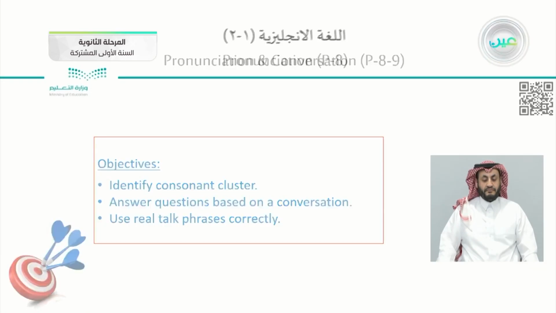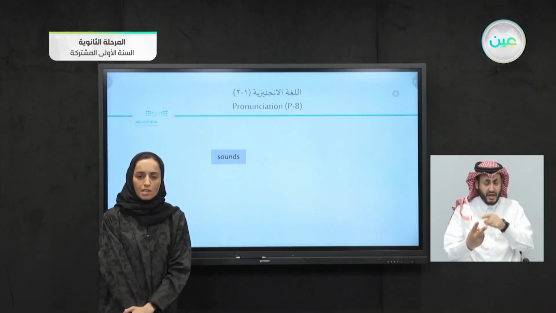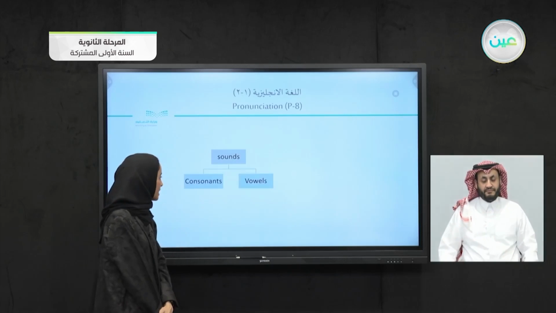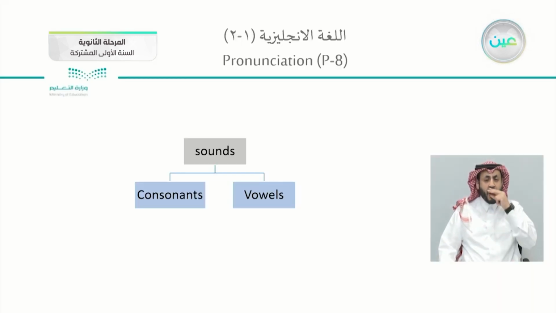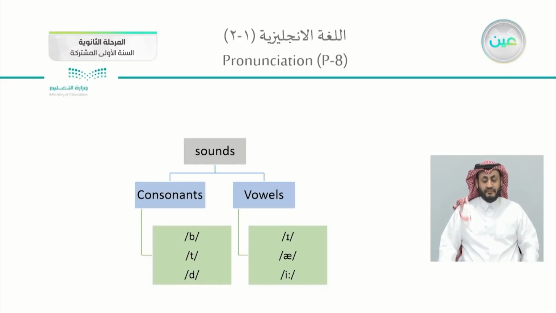Let's get started together. Sounds in English are divided into two types of sounds, whether they are the consonants or the vowels. We're not speaking about letters, we're speaking about the sound itself. Consonants, like when we say the B sound, the T sound, or the D. You can also speak about the K, the S, and other sounds.